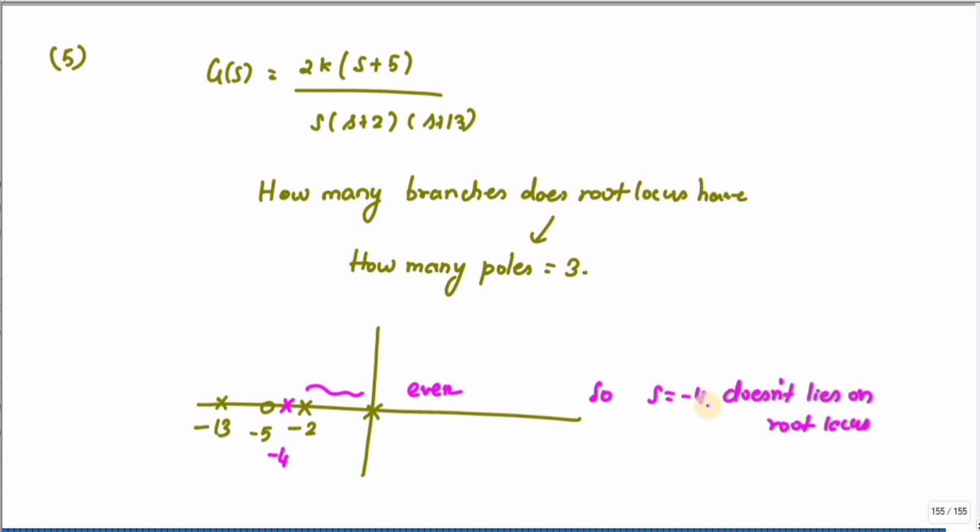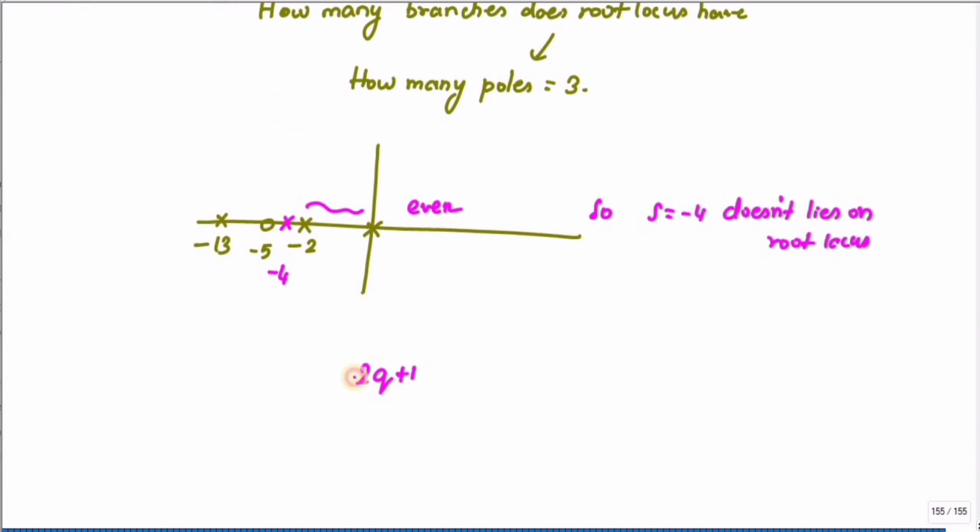If I have an even number, it represents that no root locus exists at that point. So at s = -4, it doesn't lie on the root locus.